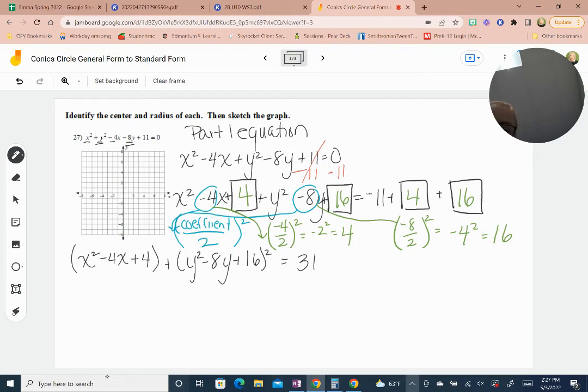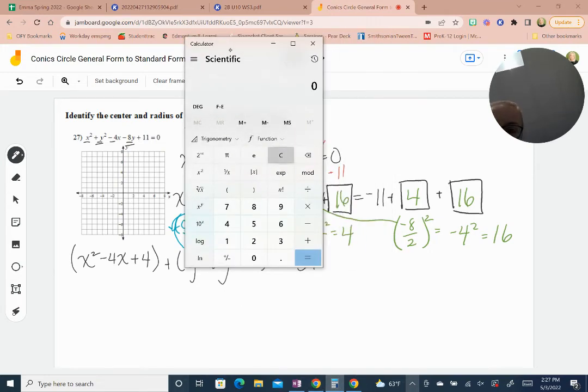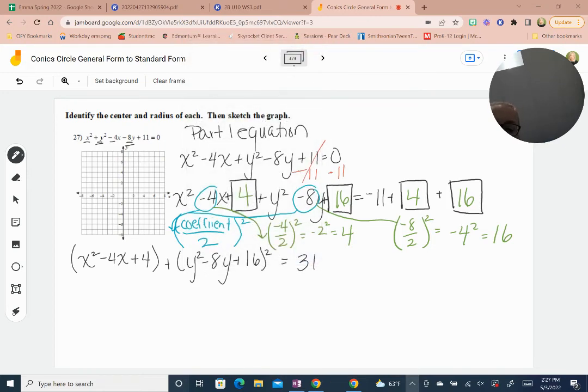Negative 11 plus 4 plus 16, that's going to give me a 9. Great. Yep. Plus 11 here, plus 11 there. Okay, perfect. So now we're here.